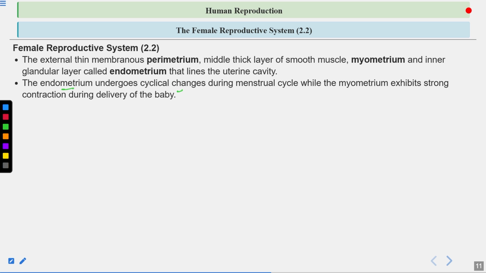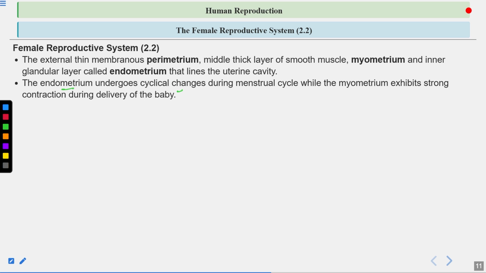Progesterone helps to maintain the thickness of the endometrium. As long as progesterone is present, the endometrium will remain thick. When the level of progesterone decreases, the endometrium thickness also decreases, and it becomes so thin that it undergoes shedding. There is a shedding of the endometrium.